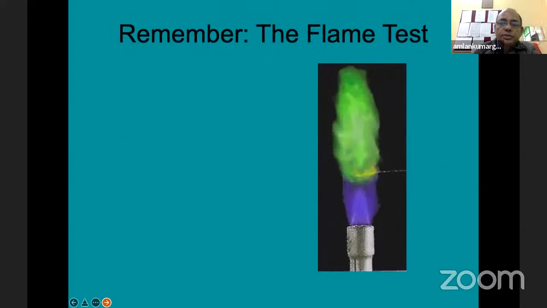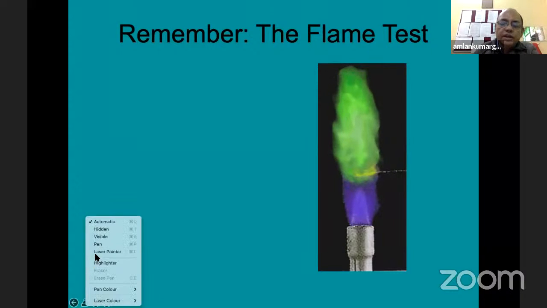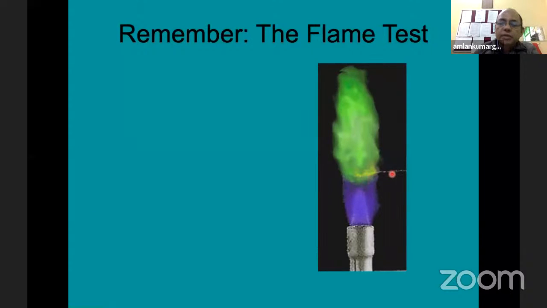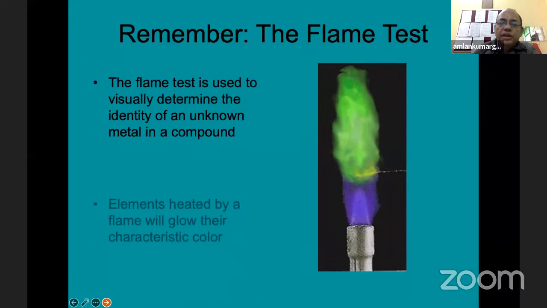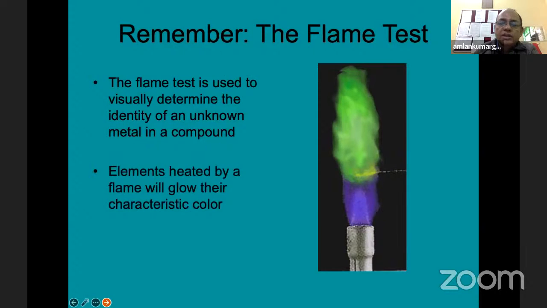Now you must remember the flame test. In your 10+2 classes, we have done the flame test where we can introduce some chemical into the flame and it gives us the color. And from the color, we can find out what could probably be the element.